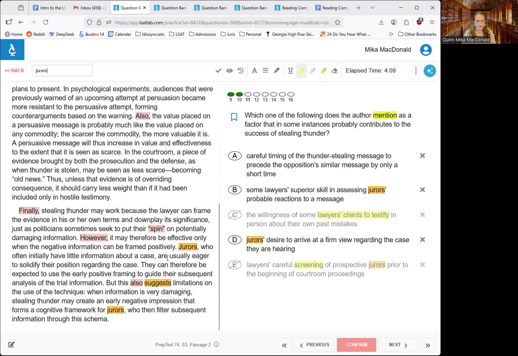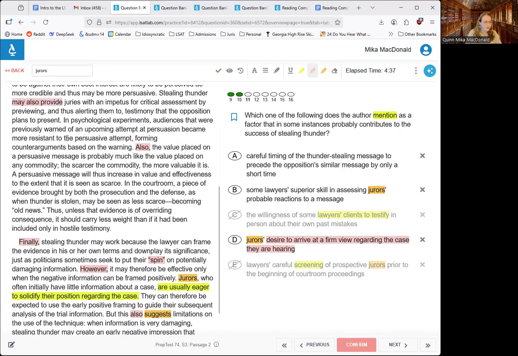Jurors, who often initially have little information in case, are usually eager to solidify their position. Look at what they did. Look at that. Same sentence, completely different words, right? Juror was the one word they couldn't really change. And I guess case, but if I typed in case, that probably would have come up with a lot of tags.